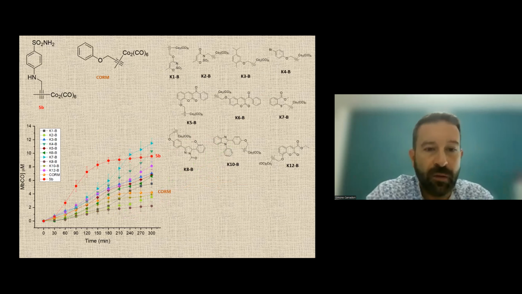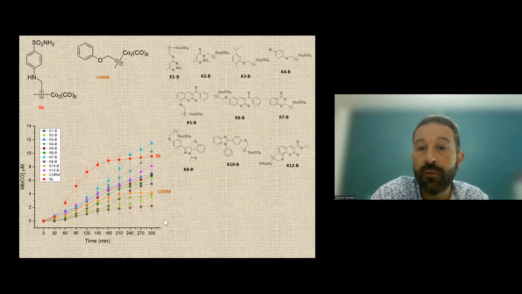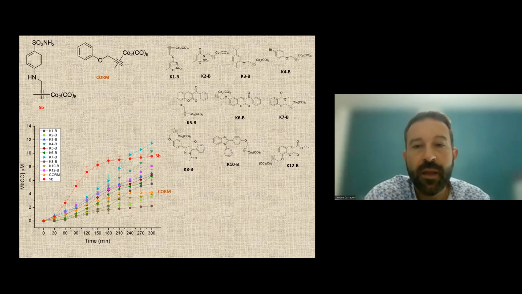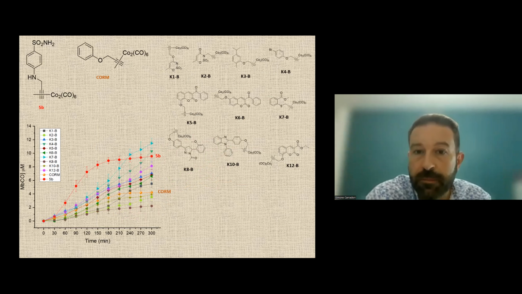These are all the compounds tested, with the reference drugs, and as you can see, there is a high variability in the release of carbon monoxide. This is very important because if we keep constant the cobalt hexacarbonyl and the organic scaffold, the linker and the heteroatom are the only variables which have a strong impact on the releasing abilities of these compounds.